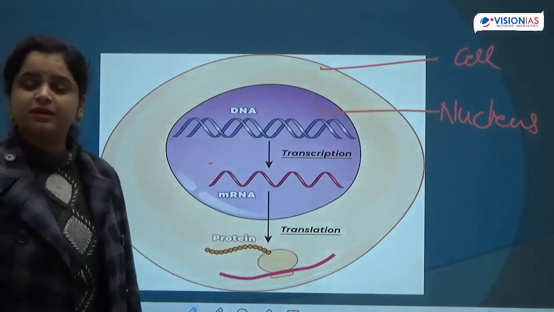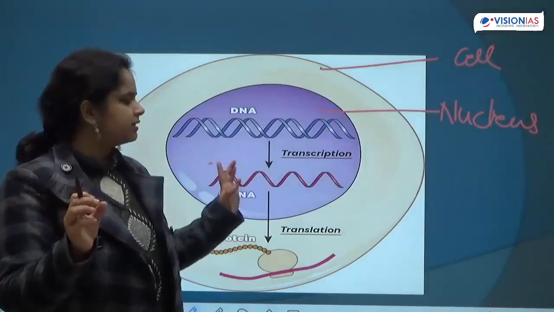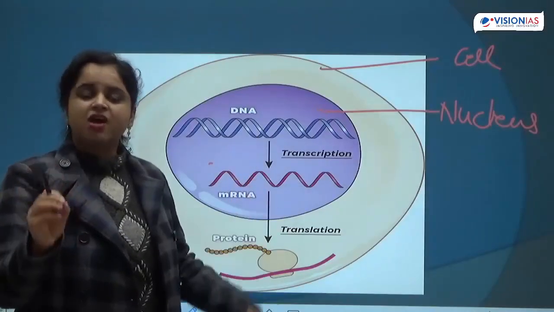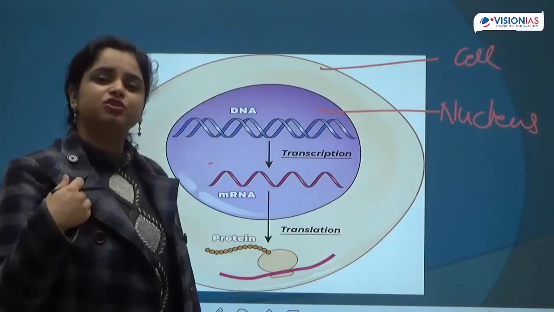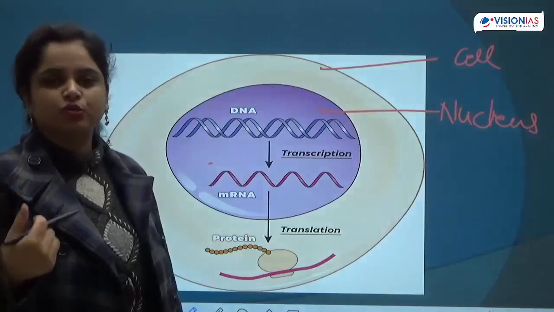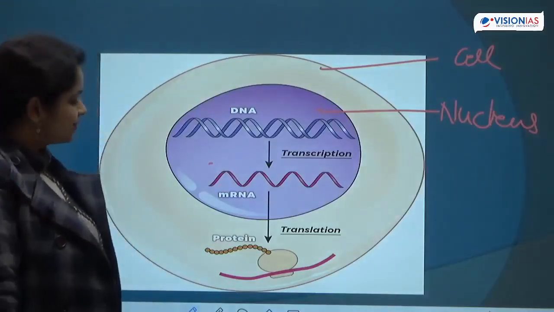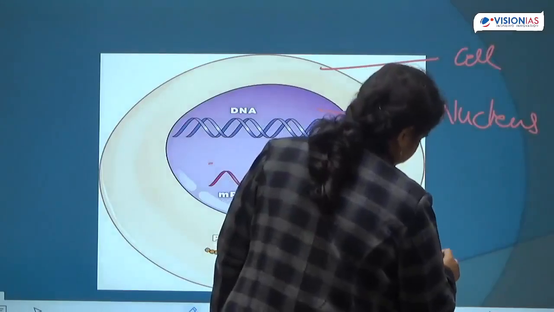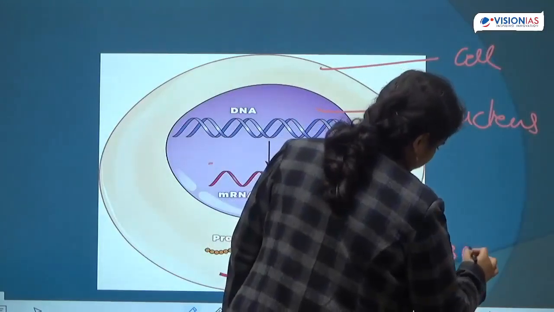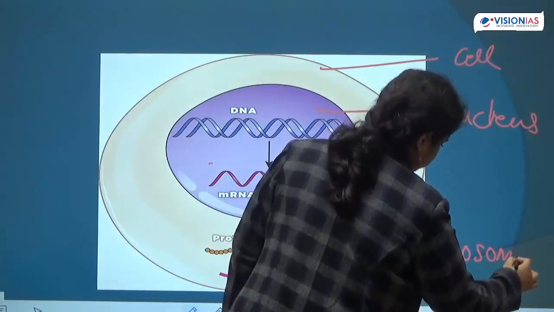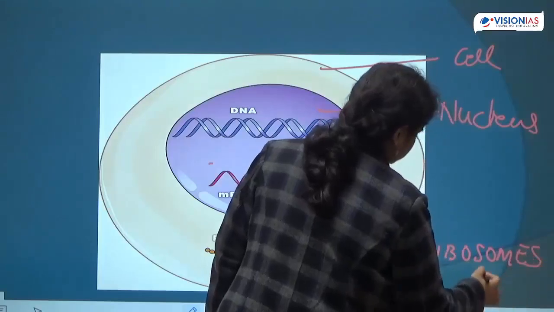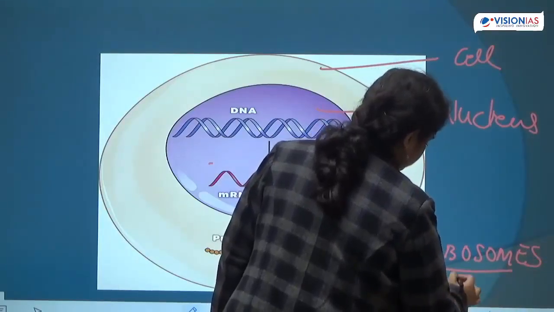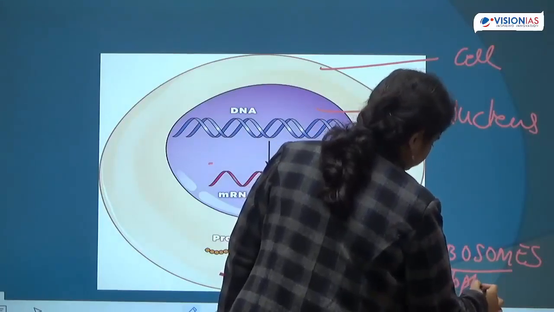So the information or the genes are in the nucleus. Now we said for this information to be expressed, we need to produce proteins. Protein production takes place in the ribosomes. I hope you remember this. Ribosomes which are found in the cytoplasm.